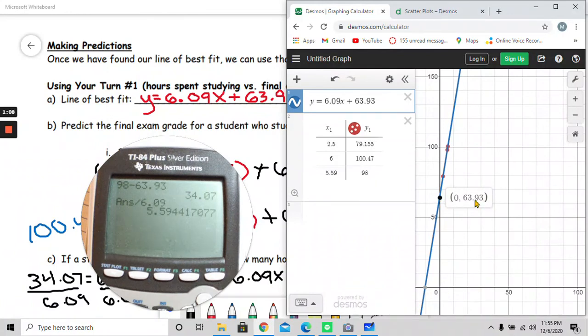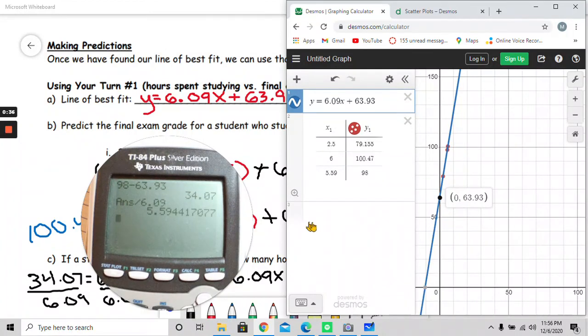So 0 hours, they expect to get this score. 2.5 hours, they expect to get a 79.155. Right here, they expect somewhere around 98. And here at the very top, that was our 6 hour mark. And they expect to score over a 100.